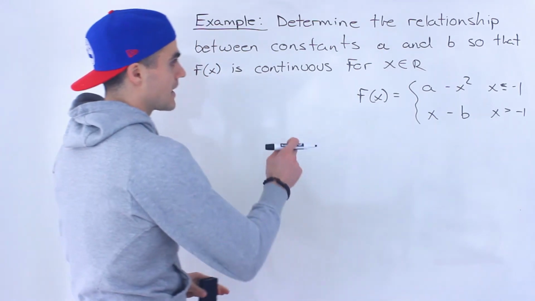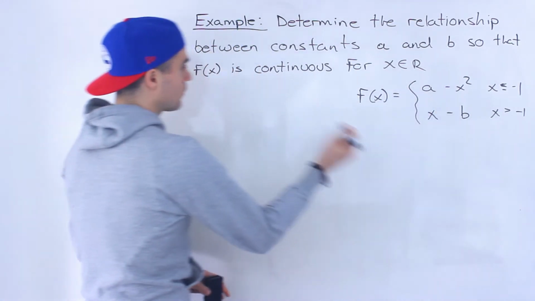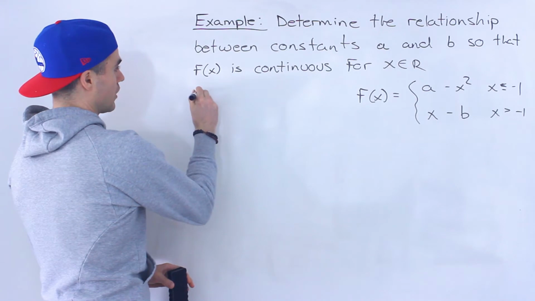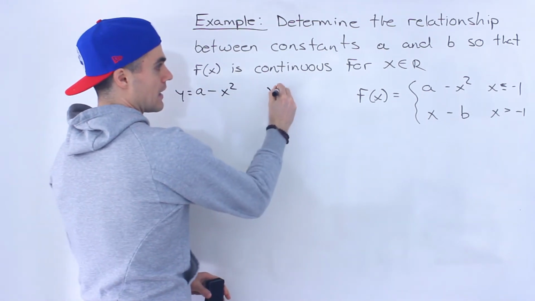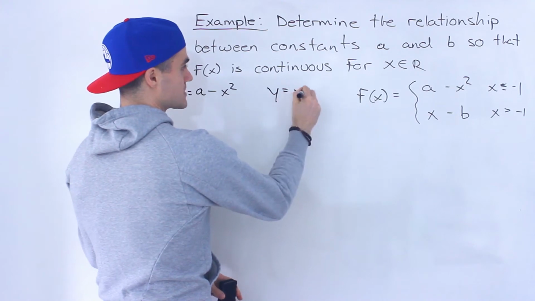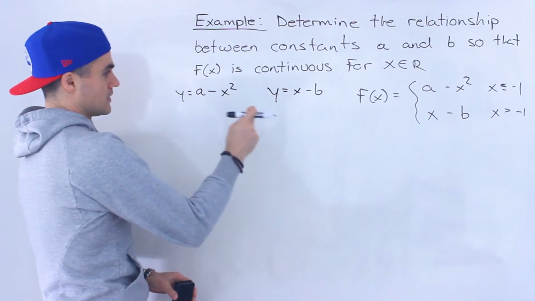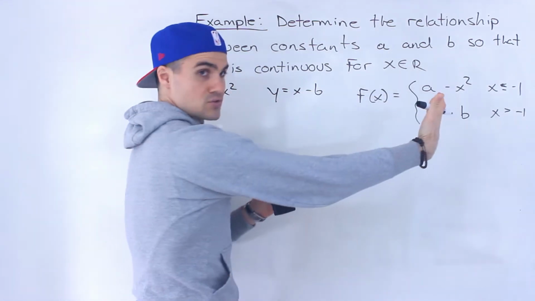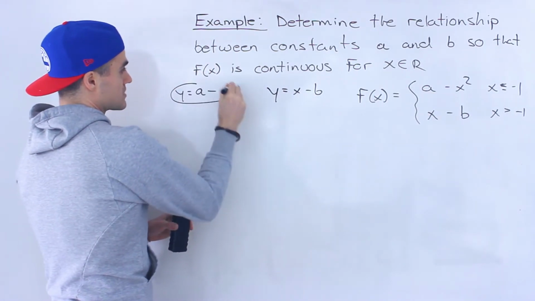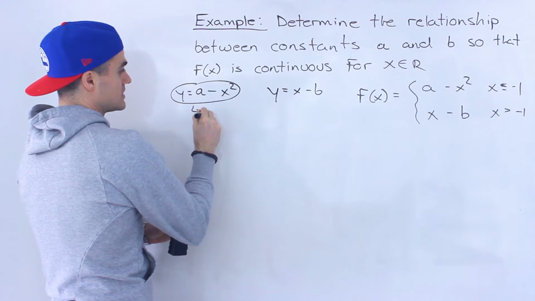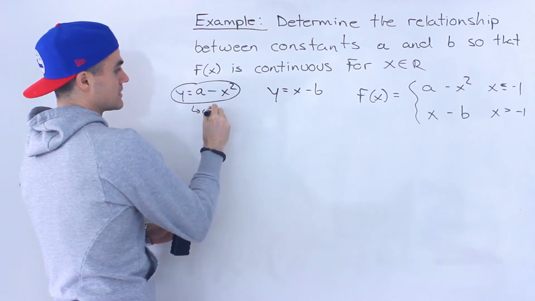Now notice that both of these functions, no matter what constants we have, so if we have a constant minus x squared, and then we have x minus some kind of constant, for x values less than or equal to -1, this here is always going to be continuous, no matter what this constant is.